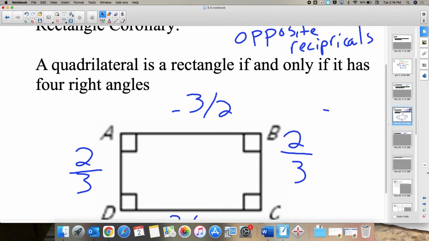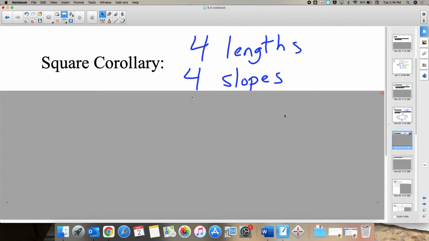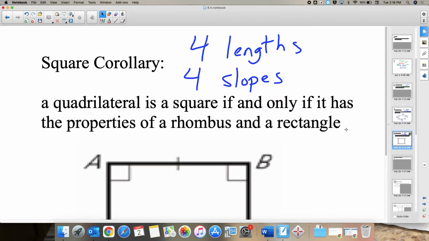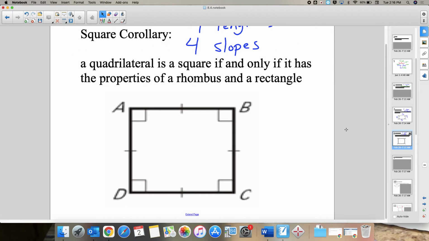If you want your square instead, you need both of those features. You'll need the 4 lengths and the 4 slopes, because it'll need the 4 congruent sides and the 4 right angles. So you need the properties of a rhombus and of a rectangle.